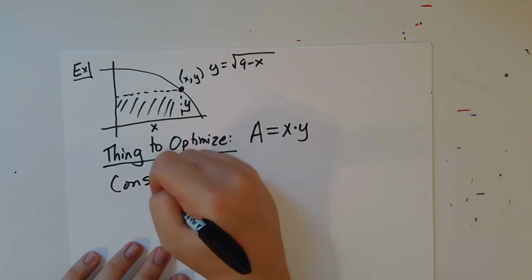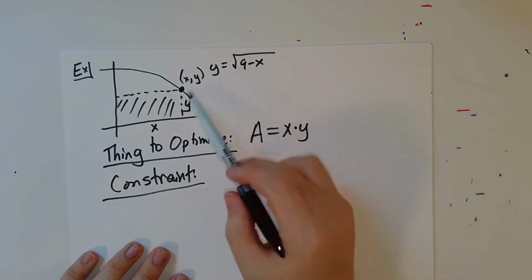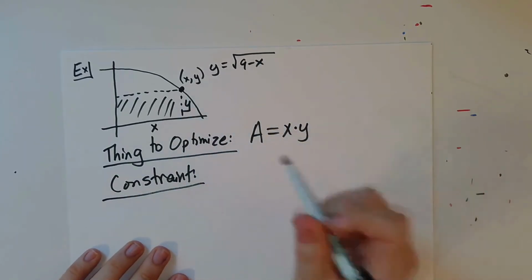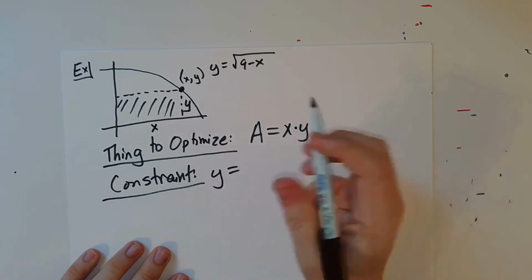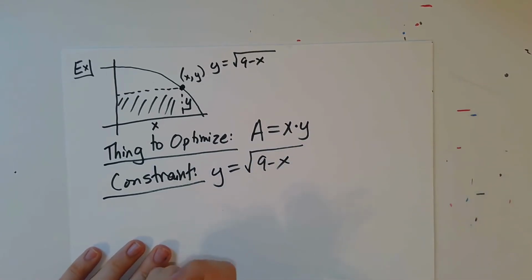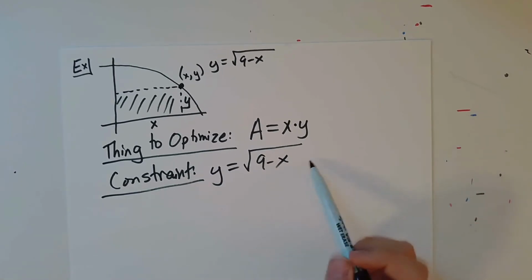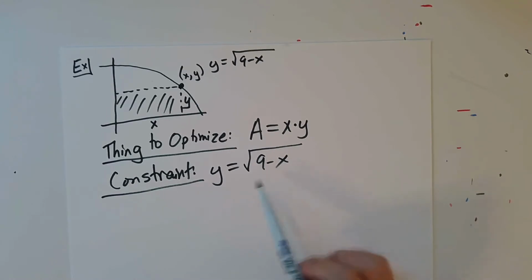And my constraint is that the point xy is on the graph, so that is exactly to say that my constraint is that y is the square root of 9 minus x. So the nice thing about these graph questions is that you already have this thing written as y equals blah, blah, blah, and you don't have to think about it anymore.